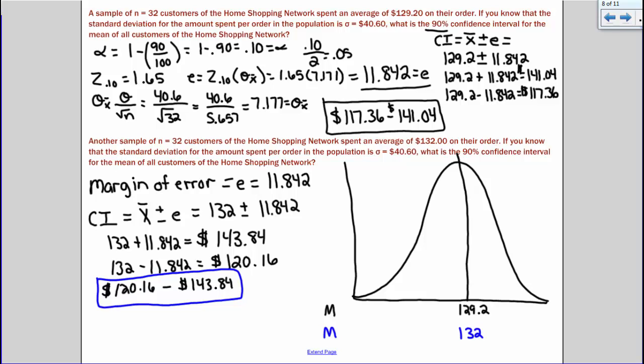And the first confidence interval was 117.36 to 141.04. Now, in both cases, this represents the mean value that separates the bottom 5% from the rest of the distribution, and the top 5% of all sample means from the rest of the distribution. And in this second example, we had a situation that looked like this.